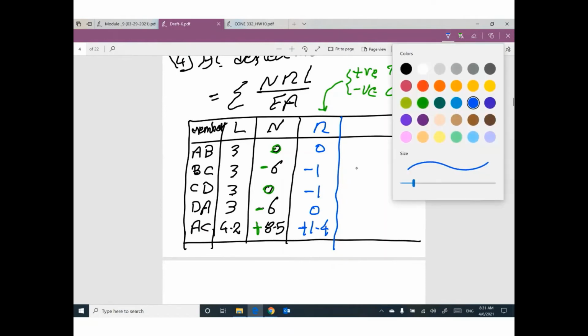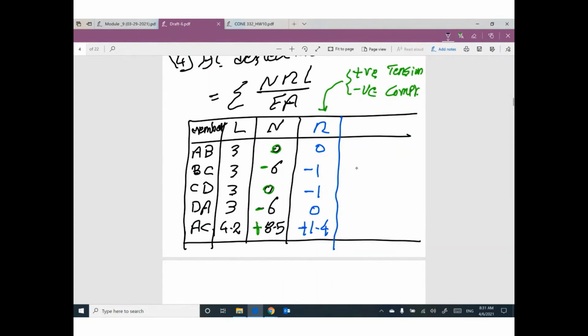Can you set up the last column, which is capital N times small n times L? Go ahead. 3 times 0 times 0 equals 0. 3 times 6 times -1, -18. 3 times 0 times -1, 0. 3 times -6 times 0, 0. 4.2 times 8.5 times 1.4 equals 50.